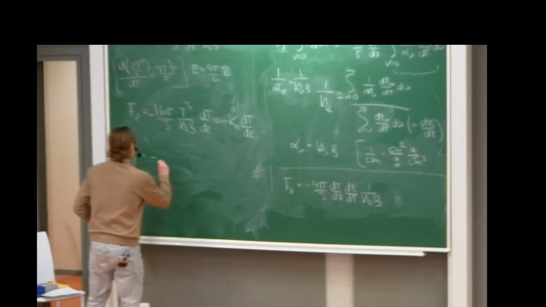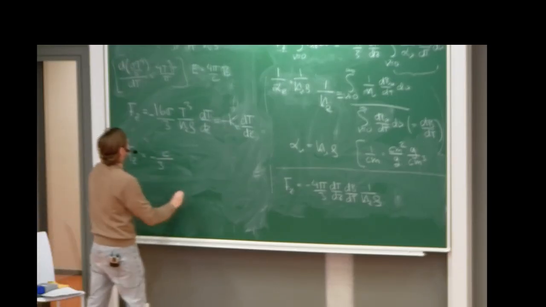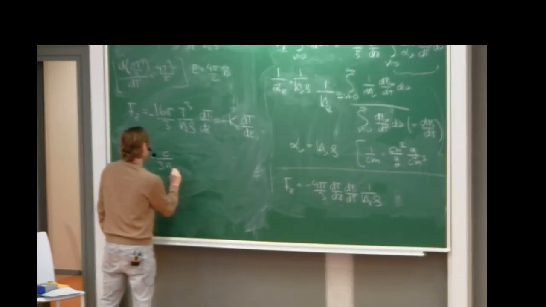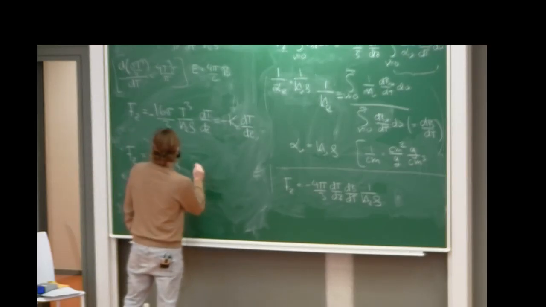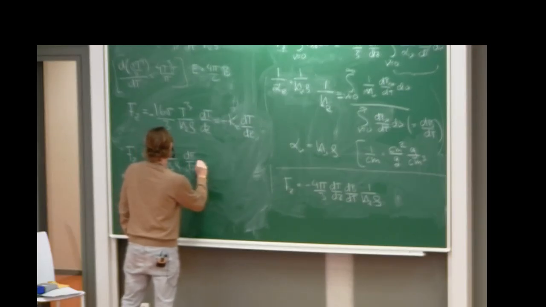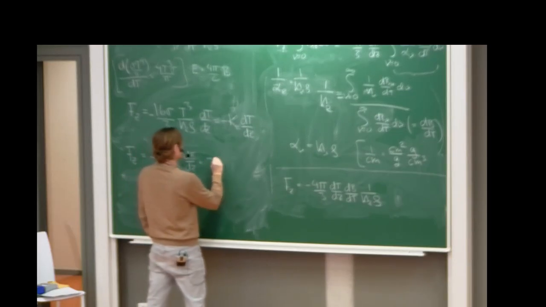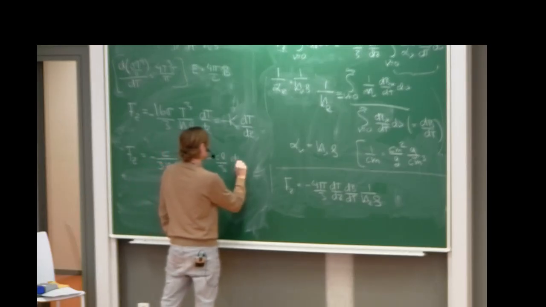That is just minus c divided by 3 kappa rho, times the dE/dc, which I now will write as cl divided by 3 dE/dc.